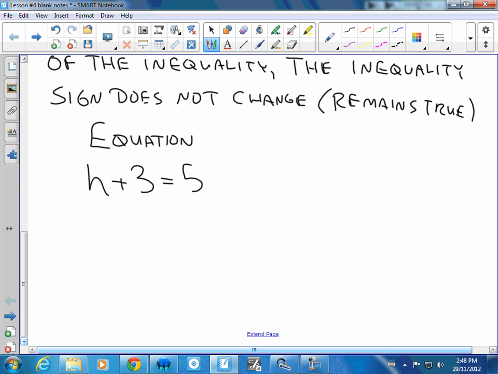And how is the 3 attached to this h? By adding. It says plus 3. So how do we get rid of it? If you minus 3 from this side, what do you do to the other side? Okay, what happens to these 3's? They're gone. H equals 2. That's an equation. We did tons of those. What if it's an inequality?